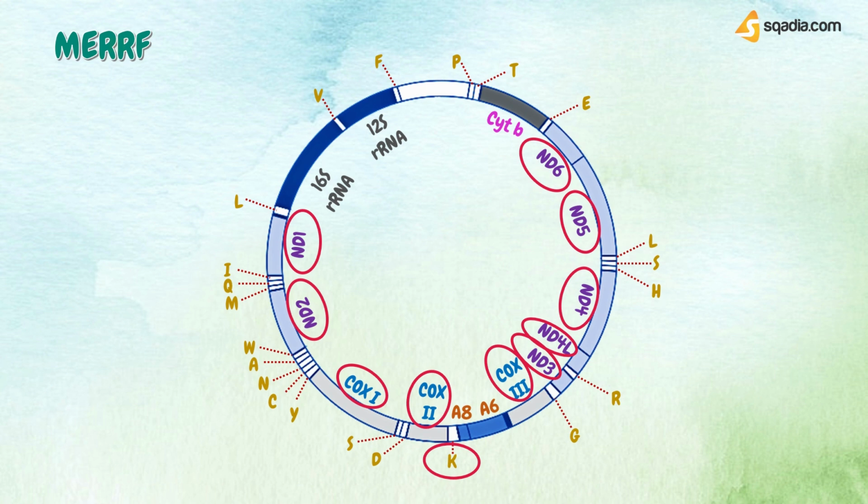You can remember it as 1 for K for leucine, and 1 and 4 indicate NADH dehydrogenase of complex 1 and cytochrome oxidase of complex 4.